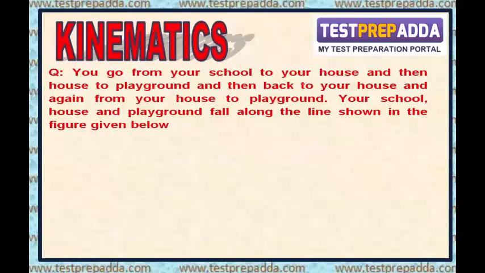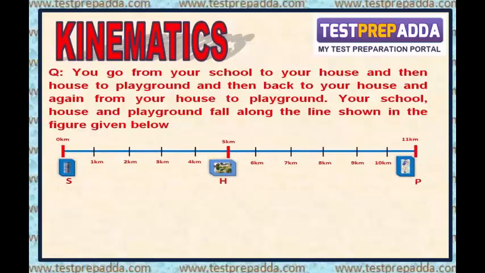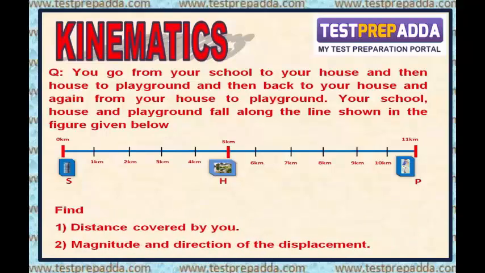Your school, house and playground fall along the line shown in the figure given below. The question says: find the distance covered by you, and second, the magnitude and direction of the displacement.